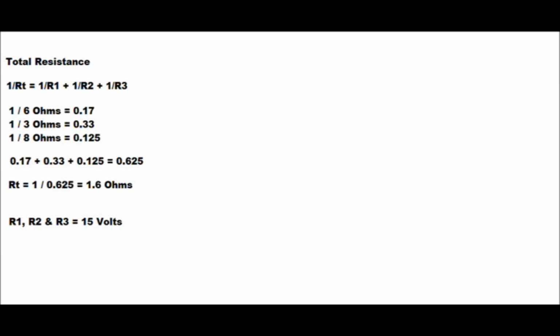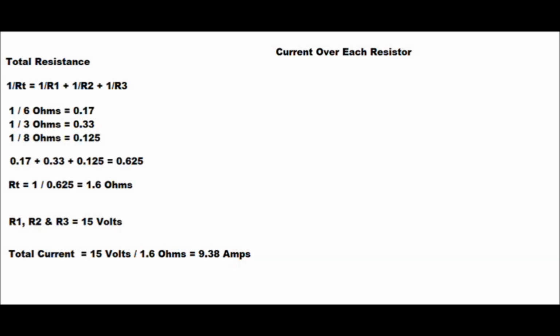To calculate the total current supplied by the battery, we use Ohm's law. 15 volts divided by 1.6 ohms equals 9.38 amps. To find the current over each resistor, we divide the voltage by the value of the resistor. The voltage over each resistor is 15 volts.